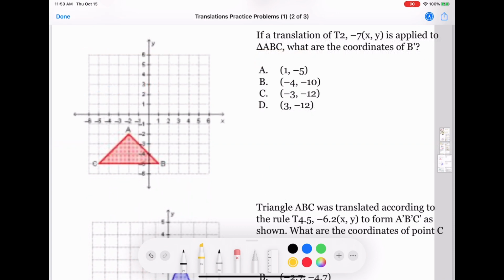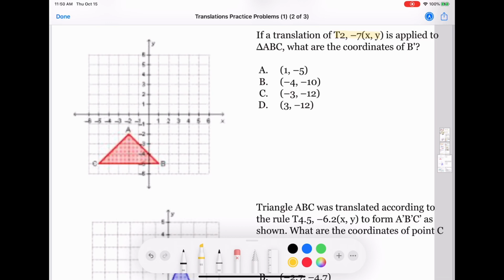In the previous problem we just saw, we were already given the coordinates of our vertex. But in this instance, we are just given a diagram and being asked to identify what happens when a translation of 2 units horizontally to the right and -7 units vertically down is applied to the pre-image ABC.